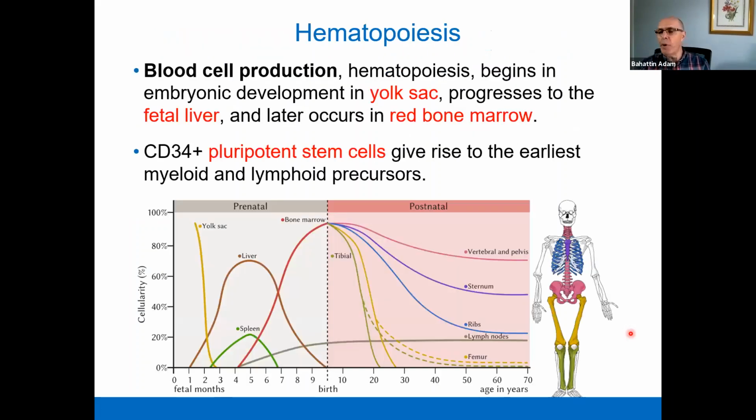Okay, hematopoiesis, the production of the blood cells, is known as hematopoiesis, and this cell production begins in embryonic development in the yolk sac, as we see in these diagrams. Okay, it started in the first week of embryonic life, and then it progressed to the fetal liver.